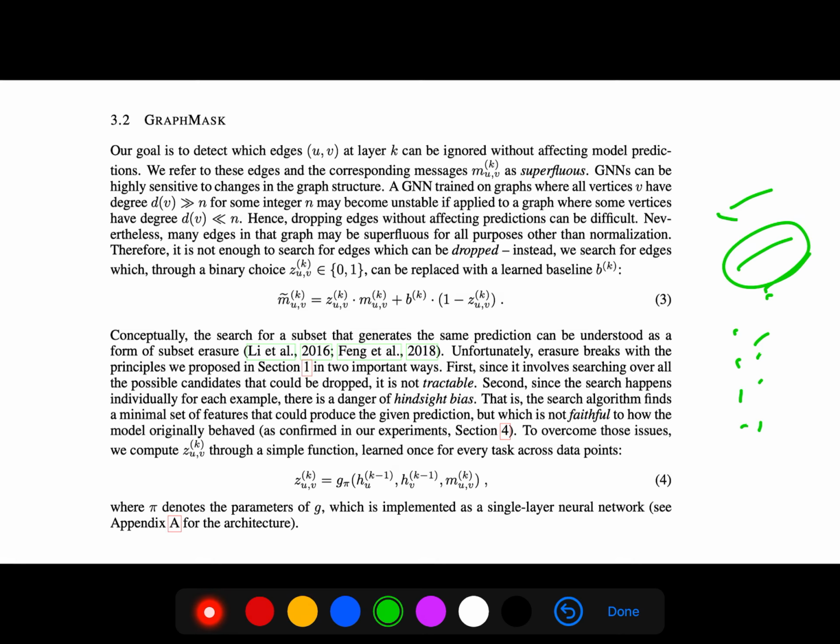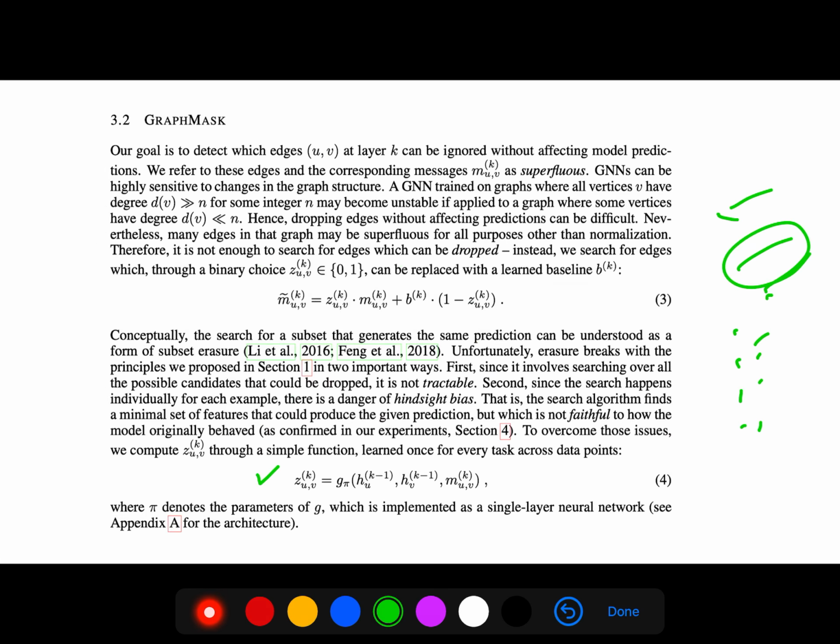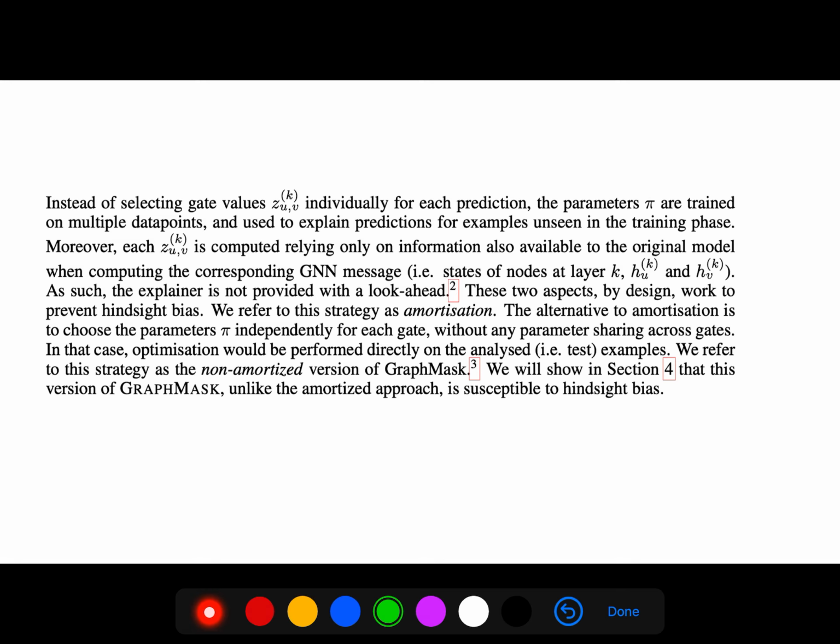Conceptually, the search for a subset that generates a prediction can be understood as a form of subset erase. Okay, so to overcome these issues, we compute Z through a simple function learned once for every task across data points. So instead of selecting gate value Z individually for each prediction, the parameters are trained across multiple data points and used to explain predictions for examples unseen in the training phase.